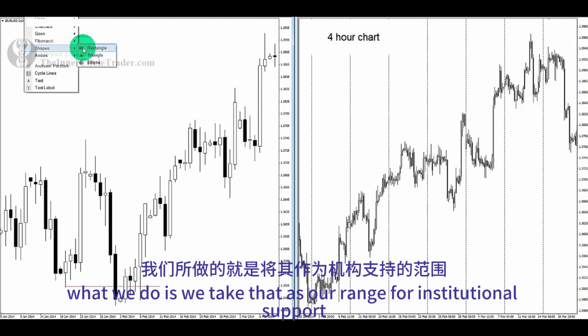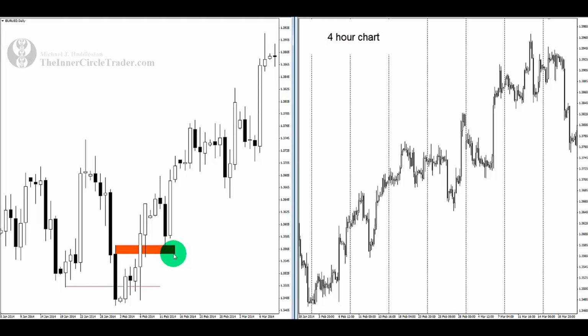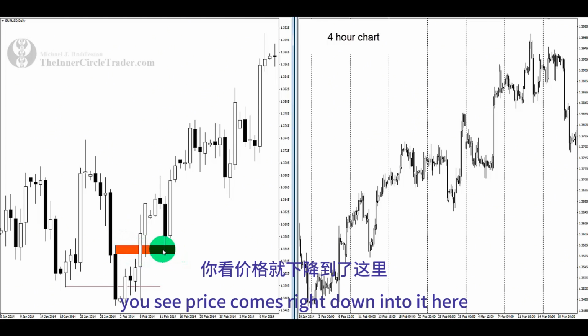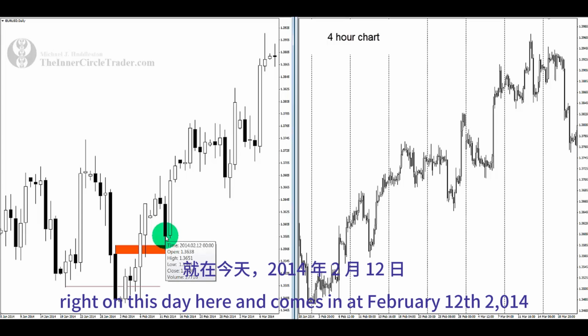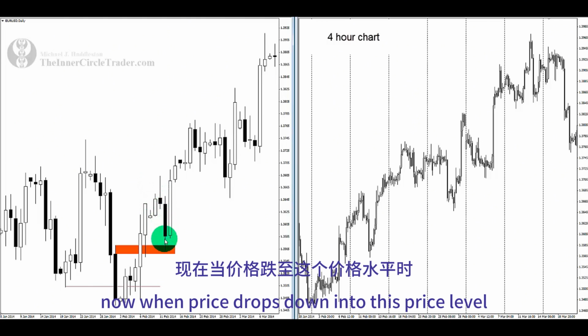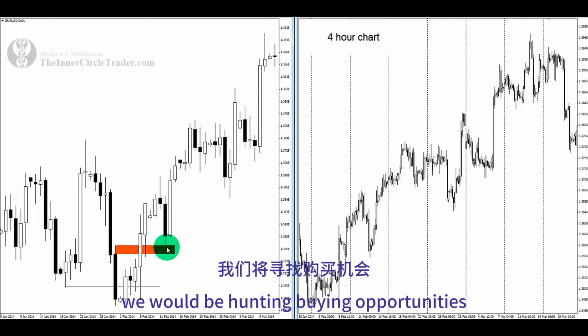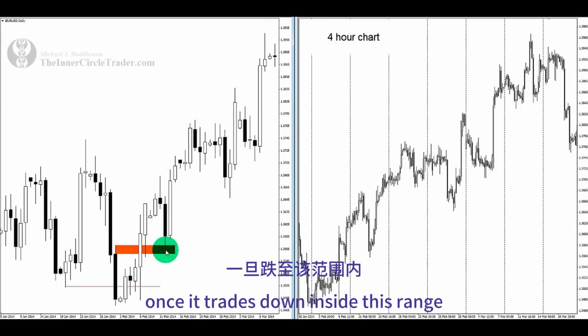What we do is we take that as our range for institutional support. You see price comes right down into it on this day, February 12th, 2014. When price drops down into this level, we would be hunting buying opportunities once it trades inside this range.